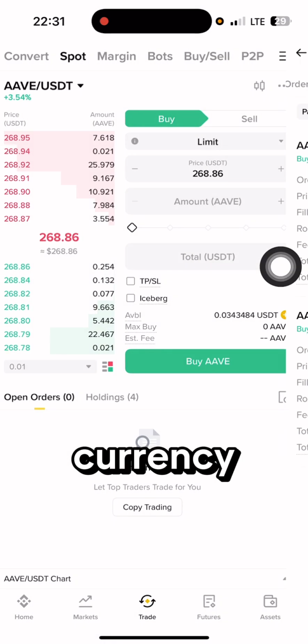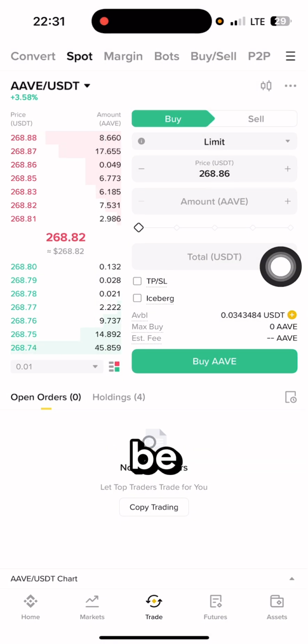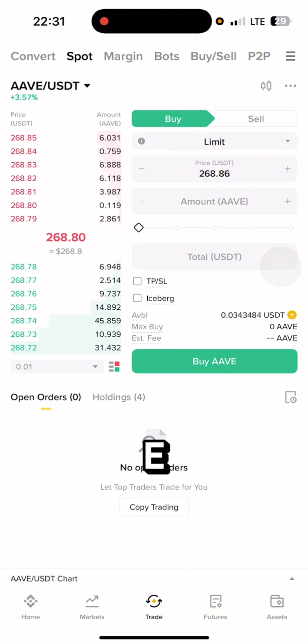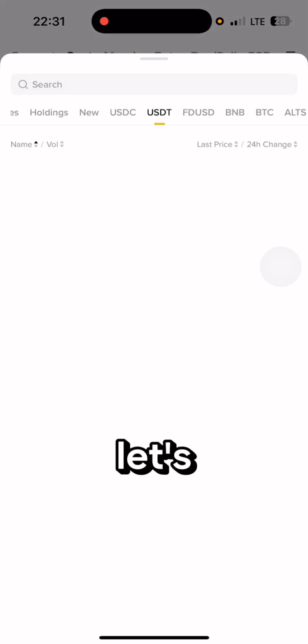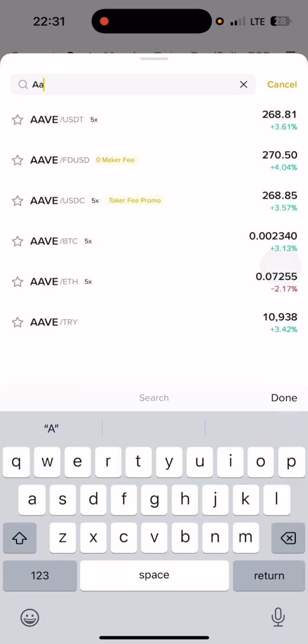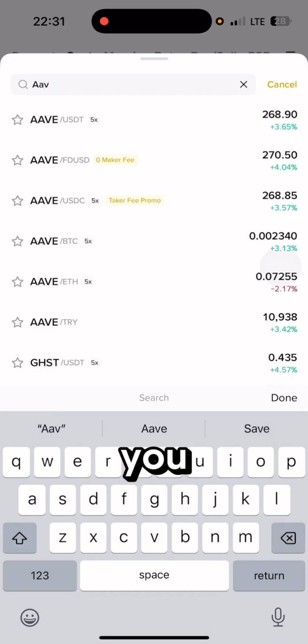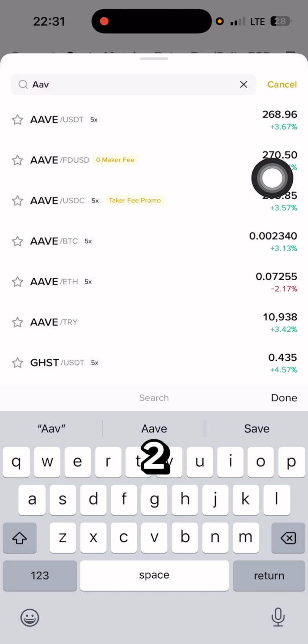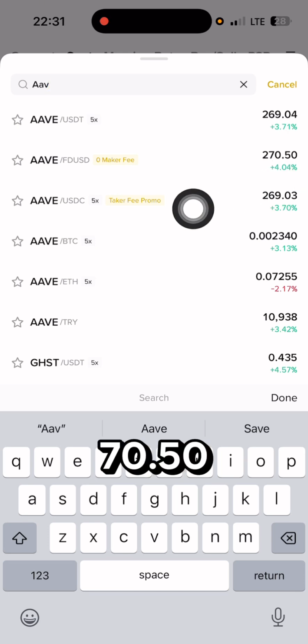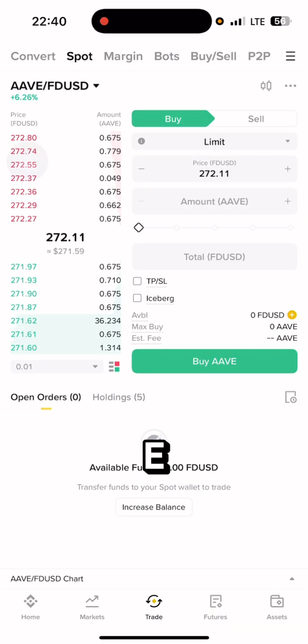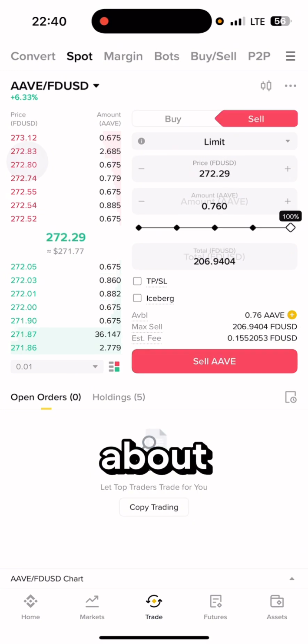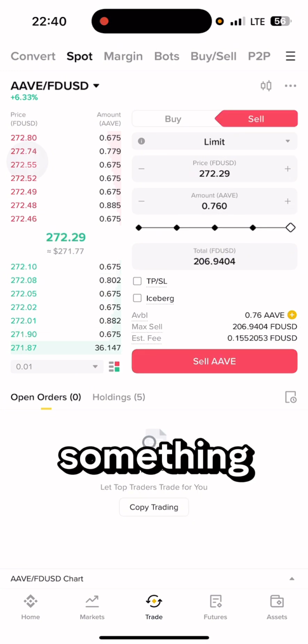So the second currency is going to be AAVE FDUSD. Let's go there. You can see this one is at 270.50. So on AAVE FDUSD, we should be able to sell it for about 272 point something.